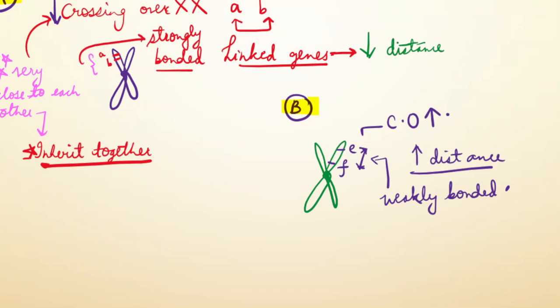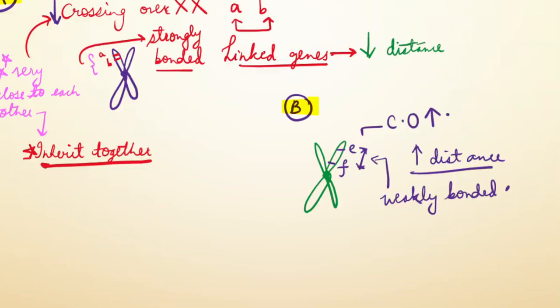Now I will give you a simple formula. If the linkage is more, then crossing over will be least. So I am giving you one proportionality: linkage is inversely related to crossing over.